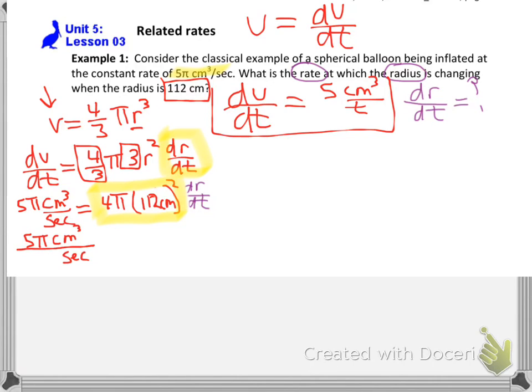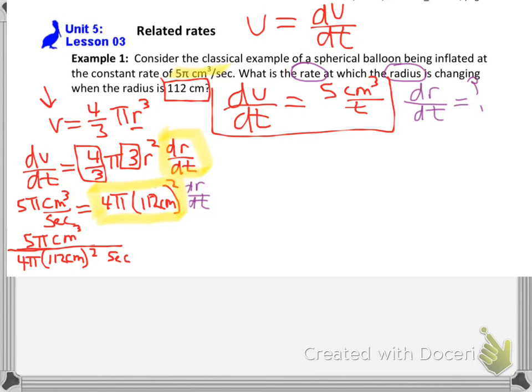And then we're dividing it by 4 pi and 112 centimeters squared. Let me erase this because it's going to get quite big here. Put our seconds over here at the end. We're dividing it by 112 centimeters, and all that's squared.